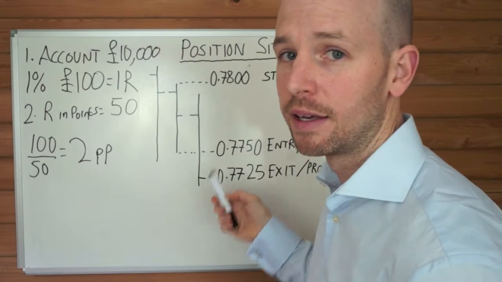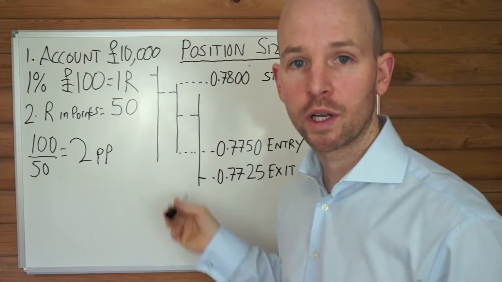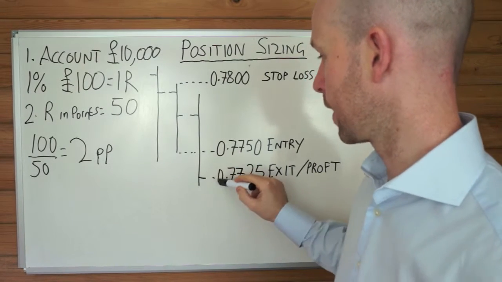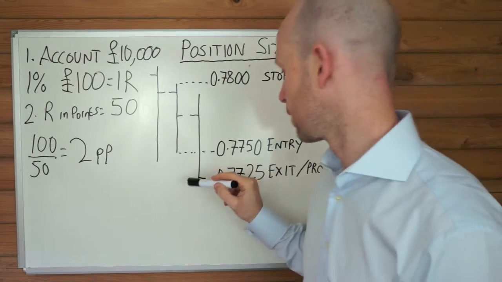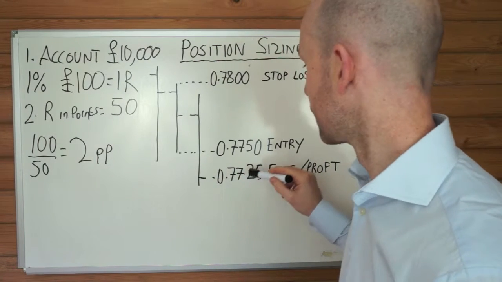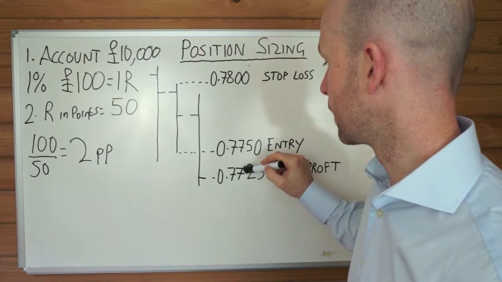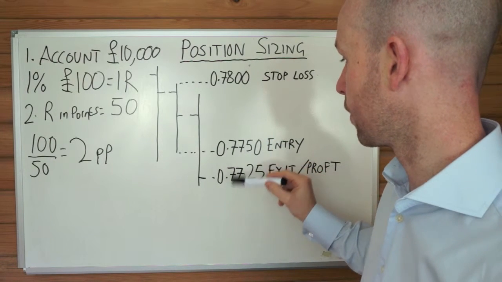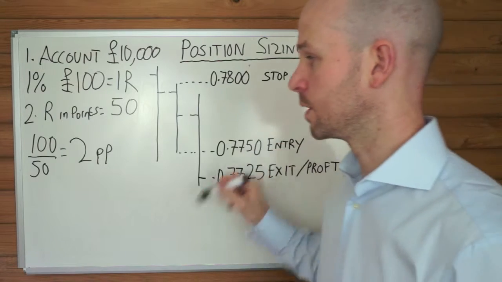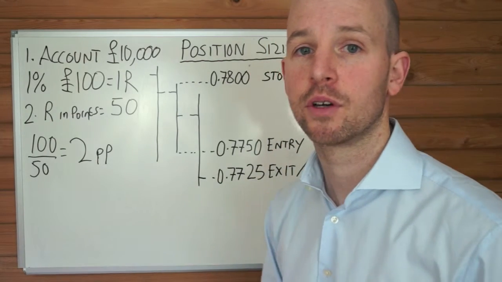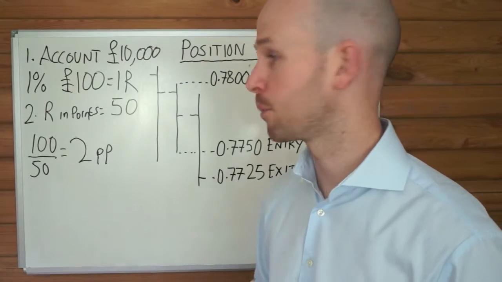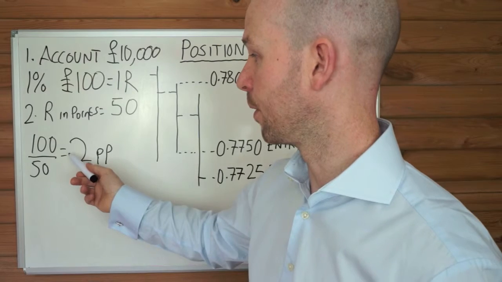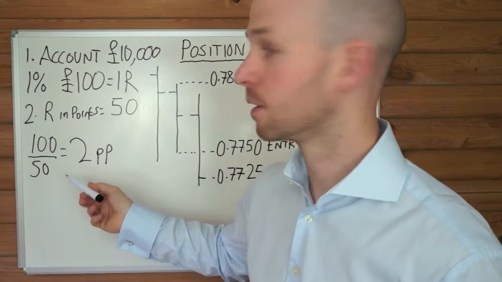Now, if we look at the profit, this was a winning trade. We entered here, and we're going to get out here. Notice the difference between where we get out and where we entered. In this example, it's actually 25 points. To determine our profit, it's quite simply 25 points multiplied by the amount per point.